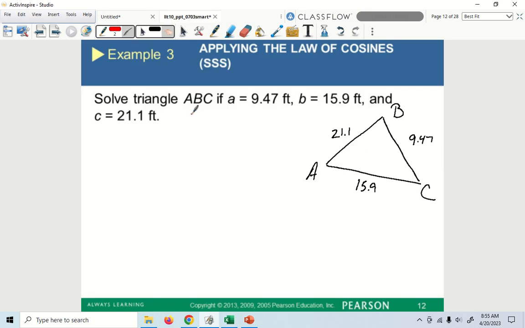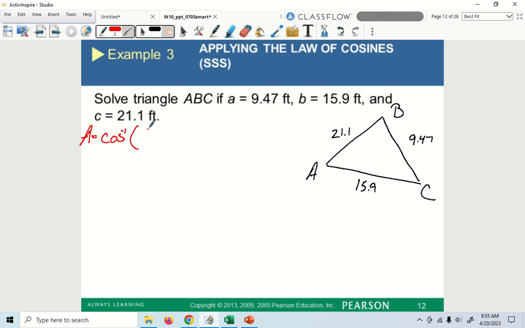So, do I have all sides here now? Say yes. Okay, let's go ahead and do this now. Let's start by solving for big A. Inverse cosine. Very good.